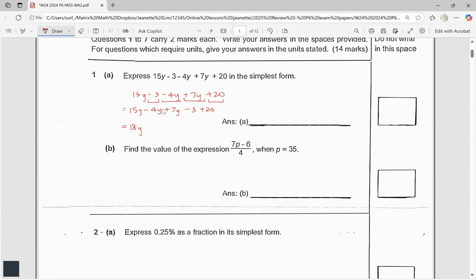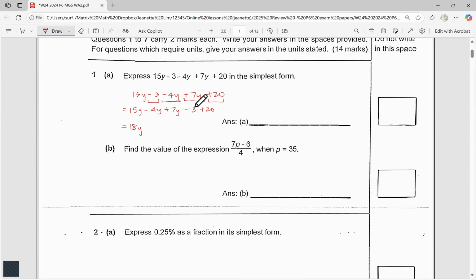Now, a lot of students will think that minus 3 plus 20 will be minus 23. But actually, no. The minus follows the 3. So imagine, picture this. You're taking away 3, so you're losing 3, right? And then someone gives you another 20. So what is the overall effect of that?